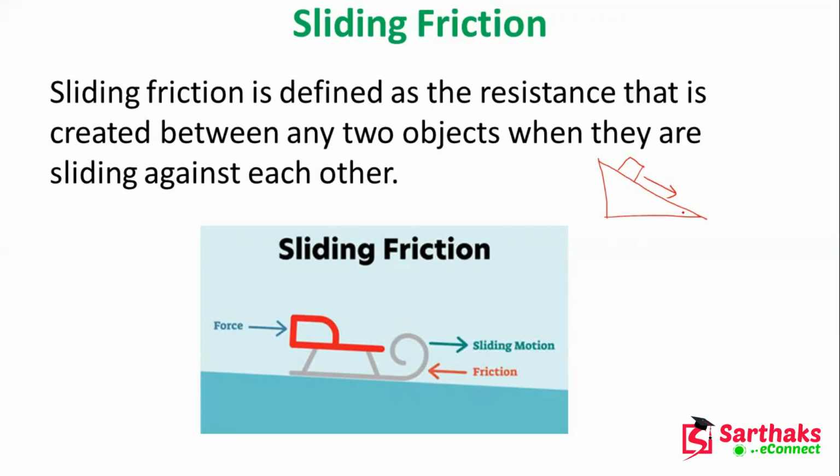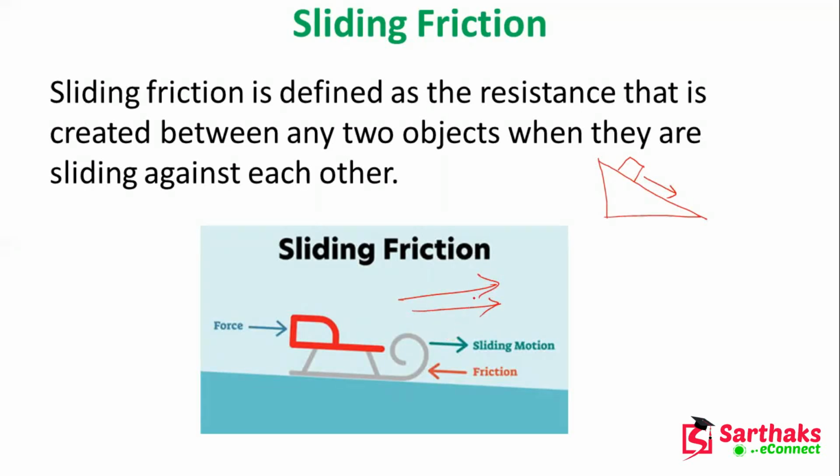Sliding friction is defined as the resistance created between any two objects when they are sliding against each other. Here the force I am applying is in this direction, the friction is acting here, so the sliding motion will be in this direction.